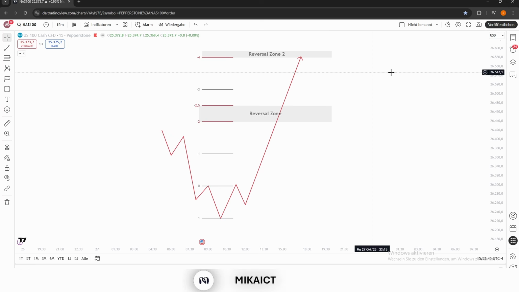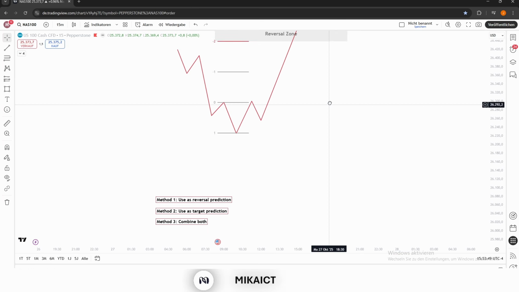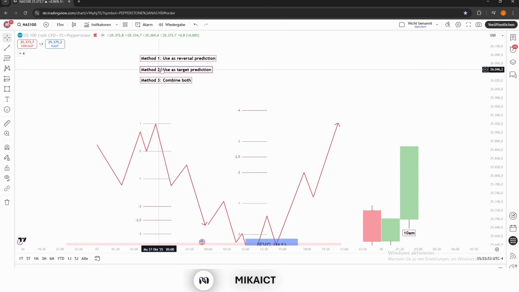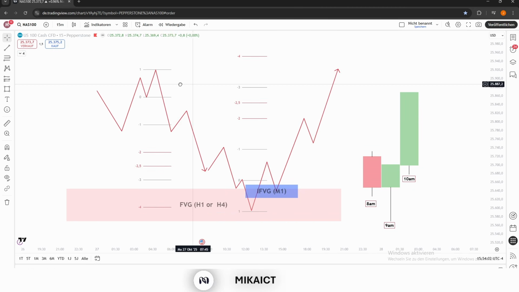Now the question is, how can we use this? I have a better example here. Method 1 is to use it as a reversal prediction. Here we had a bearish move down, and this here was the manipulation leg. You can also use standard deviation to predict, for example, that I want to long because my buyers are bullish and I don't want to short here.